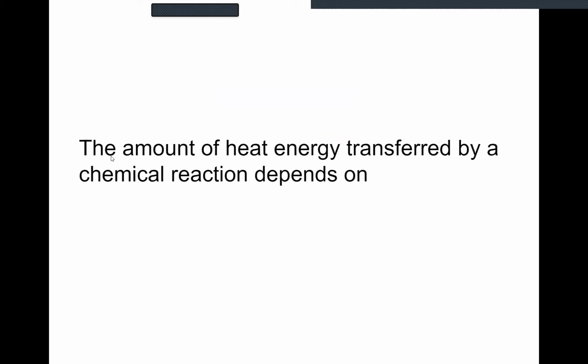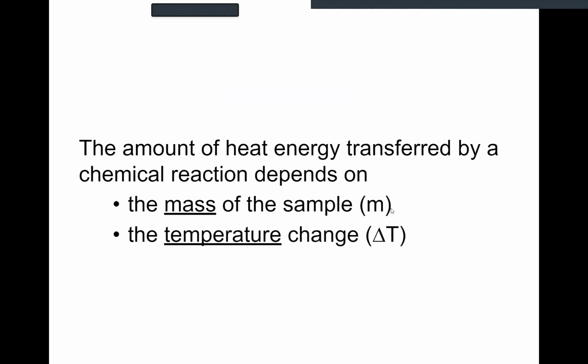The amount of energy transferred by a chemical reaction depends on its size, how many particles there are. We can measure that with a scale. That's the mass of a sample, usually abbreviated with an m. Second, the change in temperature it experiences. If it's a big change in temperature, that means there's going to be more heat energy either flowing into the object or leaving the object.